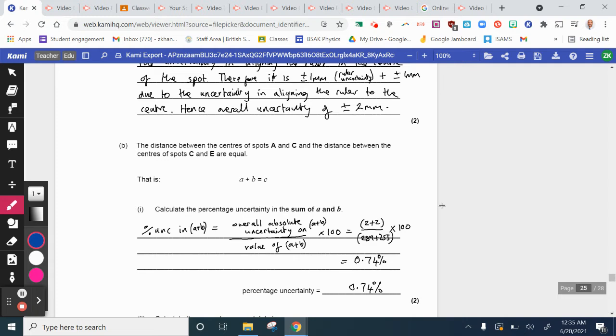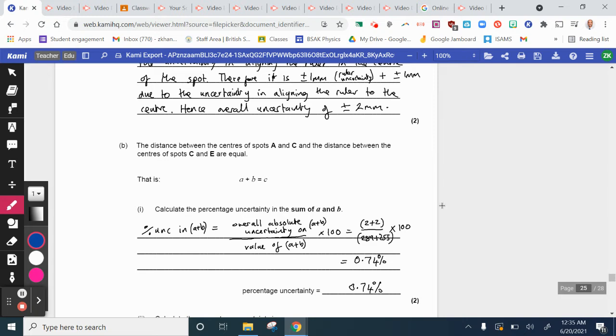We do not find the percentage of A and the percentage of B and add those. We only use percentages when it's multiplication or division. This is addition, so we add the absolute uncertainties.